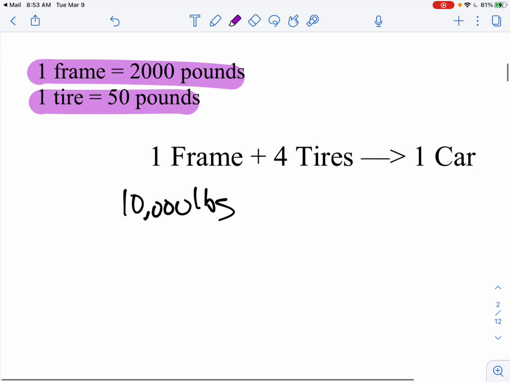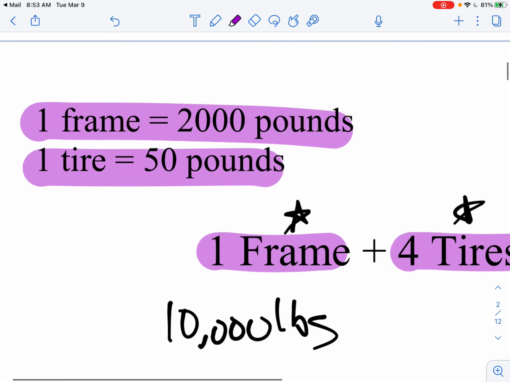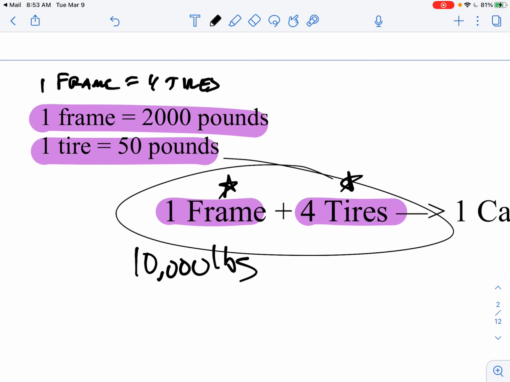So if I know that one frame is equal to 2,000 pounds and one tire is equal to 50 pounds, and I care about frames and tires, then I can add a third equation, which is that one frame is equal to 4 tires, and that's from my balanced equation here. Well, what about the cars?